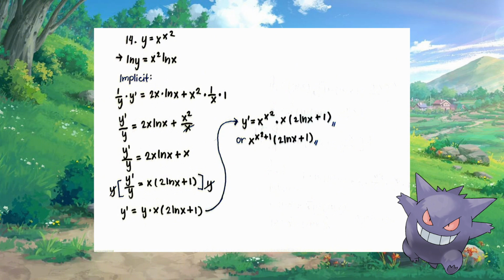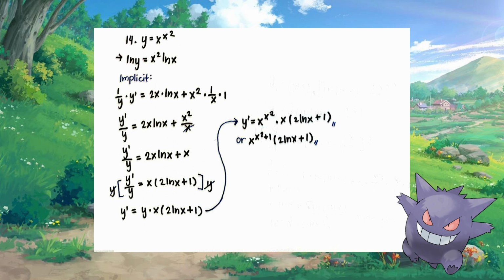Then we can now multiply both sides by y so that we cancel the y on the left side and y prime is what remains. Then the final equation is y prime is equal to y times x times quantity 2 ln of x plus 1. And then we can substitute the value of y.